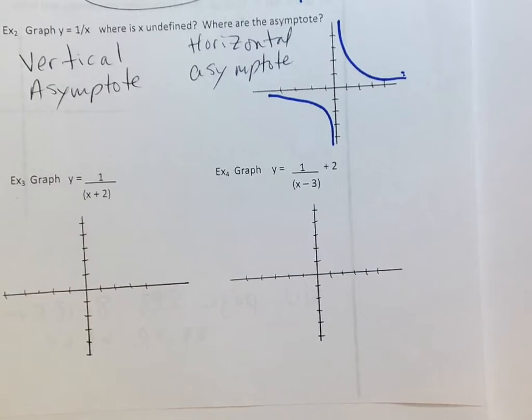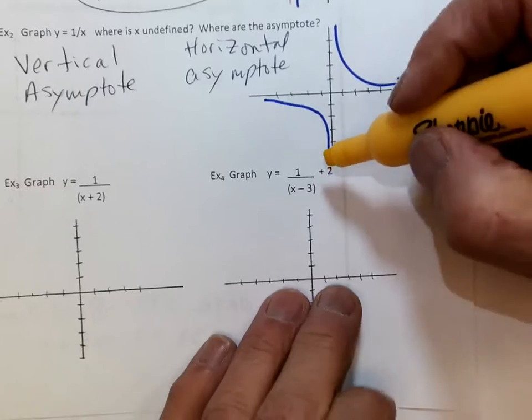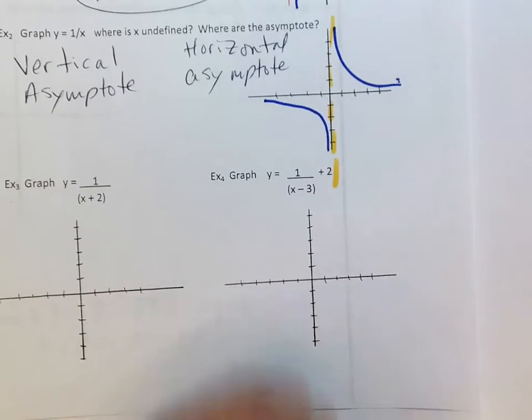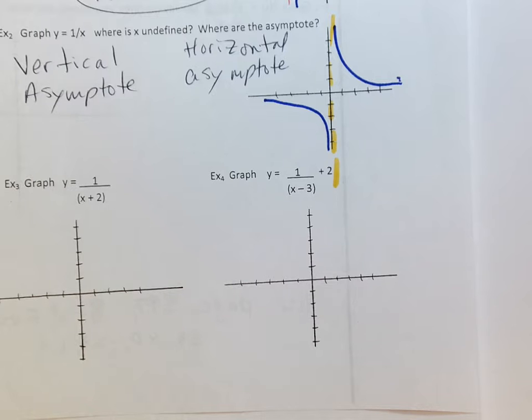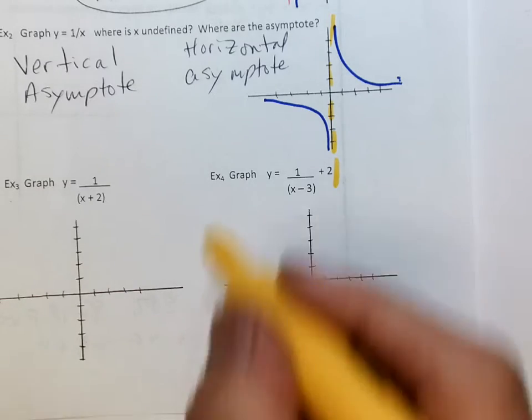Okay, the asymptote is where it goes off to infinity. Well, the vertical asymptote is right here. See how it takes off to infinity? I mean, it's a line of infinity. It's not part of the graph. It's just a borderline to infinity. So the graph goes off to infinity like this, and it goes off to infinity like that. That's an asymptote. They are special lines, border lines to infinity. And I have a horizontal asymptote right here.